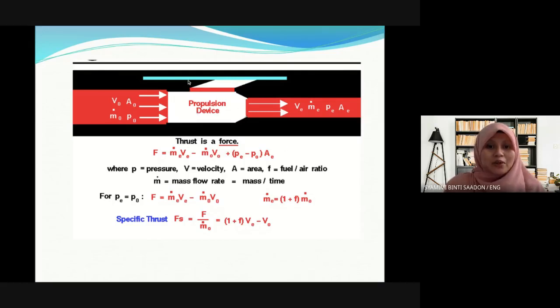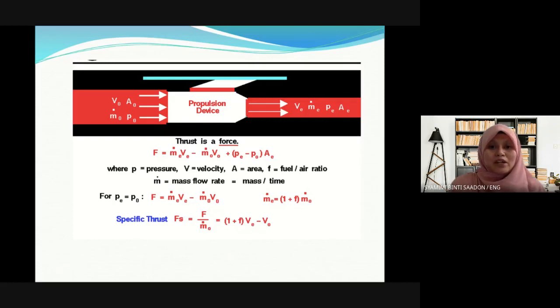This closed system has input or initial parameters: V naught, area A, mass flow rate m dot naught, which is usually the mass flow rate of the air, and the ambient pressure, P naught. At the exhaust exit of the engine, we have the exit velocity, and the exit mass flow rate, which is the mix of air and fuel.